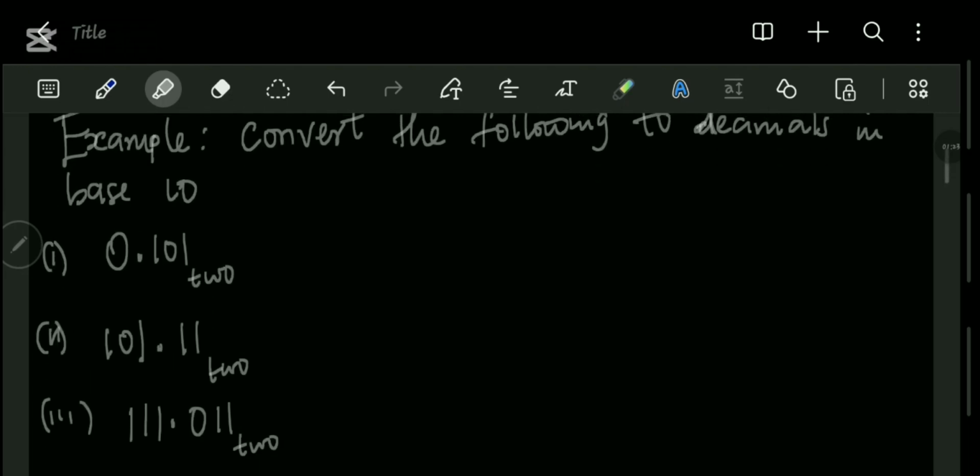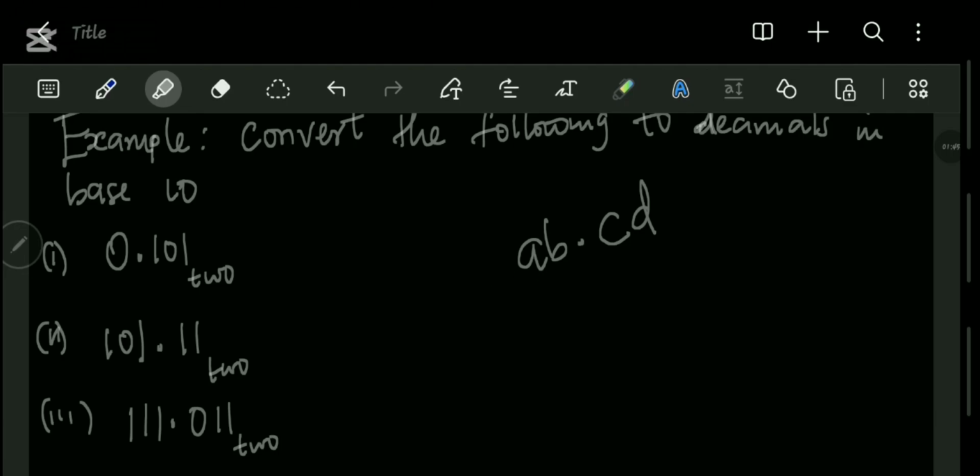But before we move on, I want to bring your attention back to something. Now, let's assume you have something in this nature: AB point CD. Let's assume A, B, C, D are real numbers.